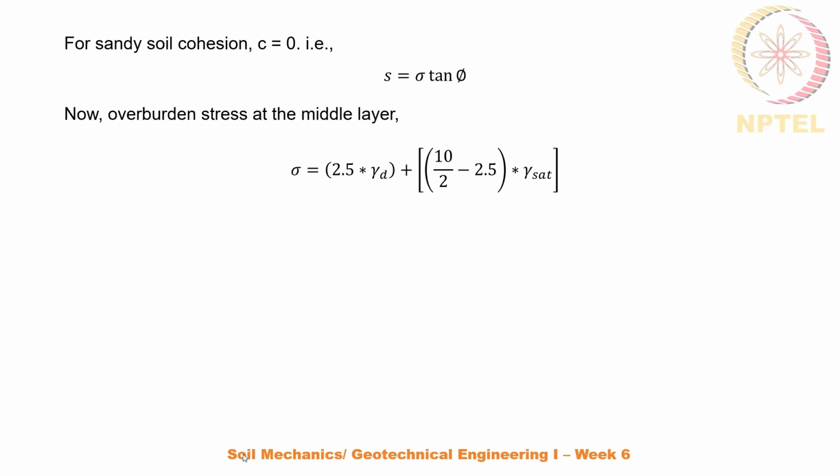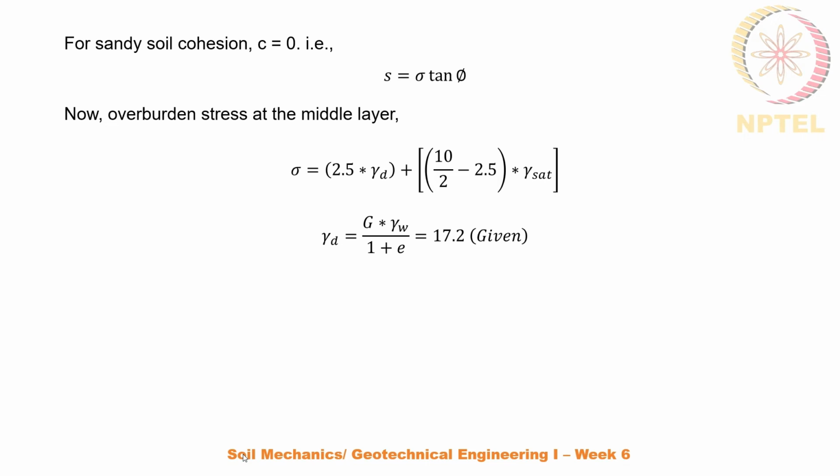So, deducting the first 2.5 meter dry soil, we have the remaining 2.5 meter saturated soil. So, the overburden stress induced by that saturated soil layer will be 10 by 2, that is 5 minus 2.5, into gamma saturated.